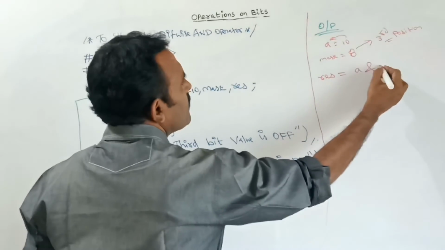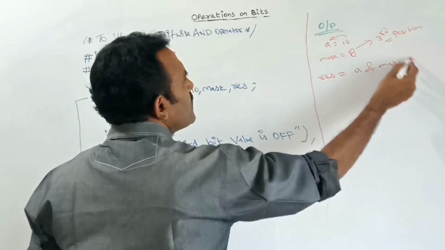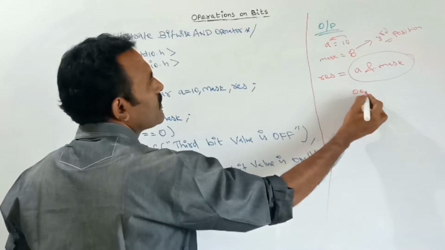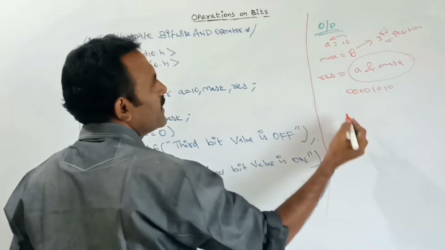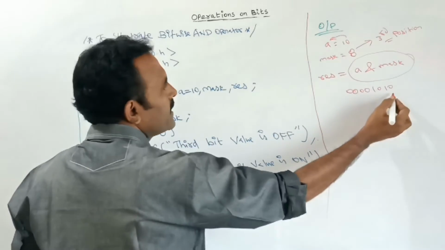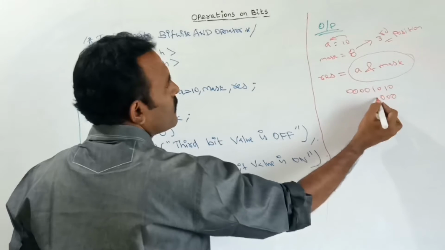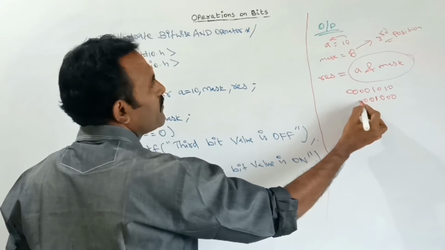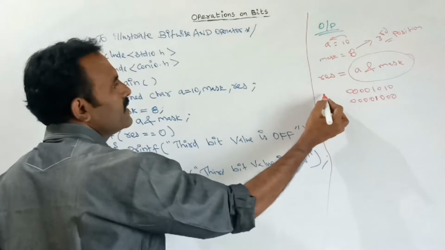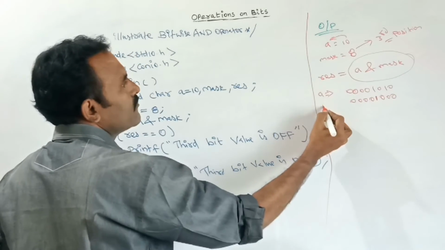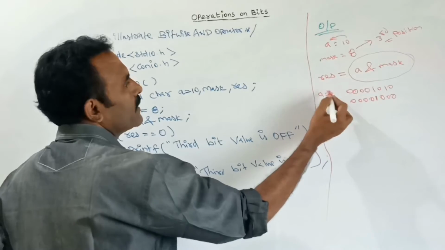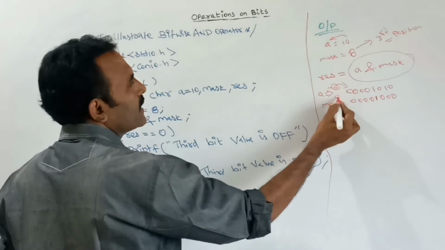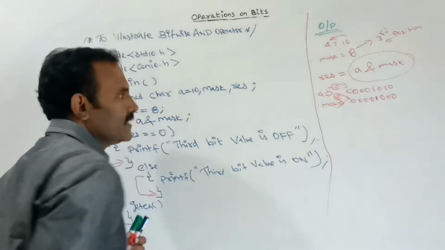While running the program, this is the binary value of A. Next, the binary value of 8 has 1 at the third position, and every remaining bit value is 0. This is the A value, this is the mask value. A is equal to 10, the binary value of 10 is this, mask is equal to 8, the binary value of 8 is this one.